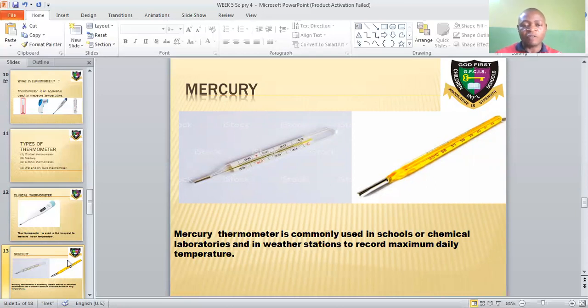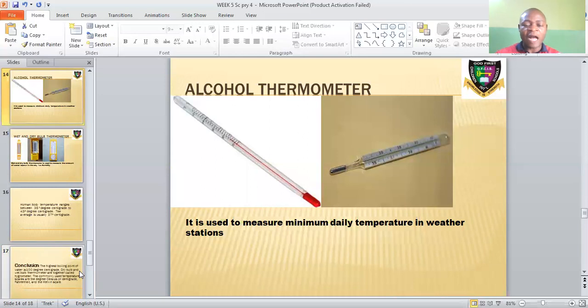That is the function of the mercury thermometer, just to determine the temperature of an environment, how cold or how hot an environment is.